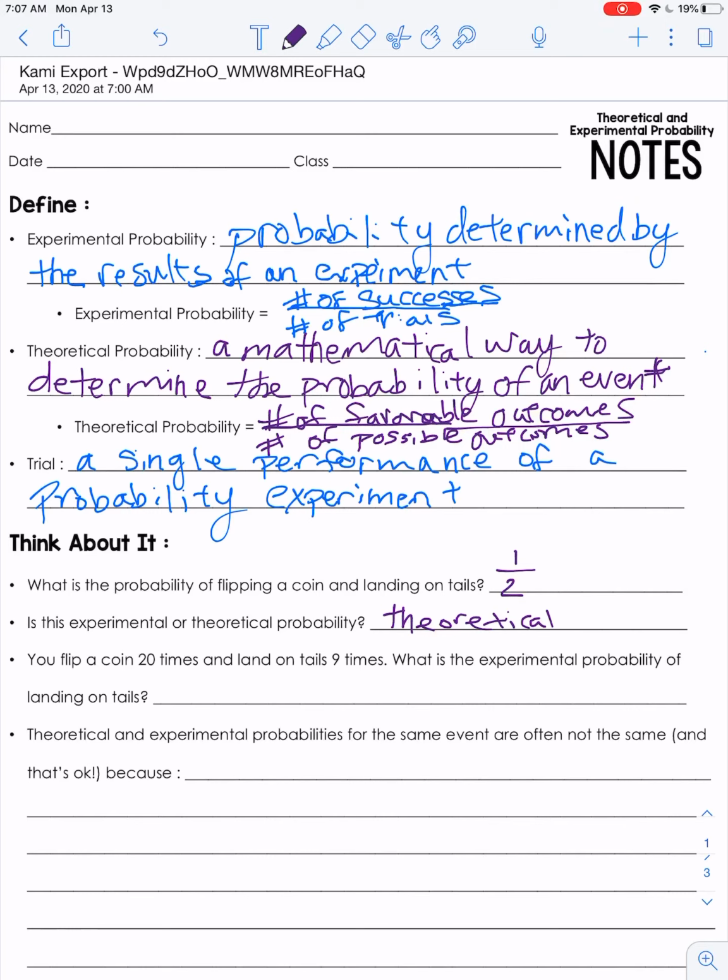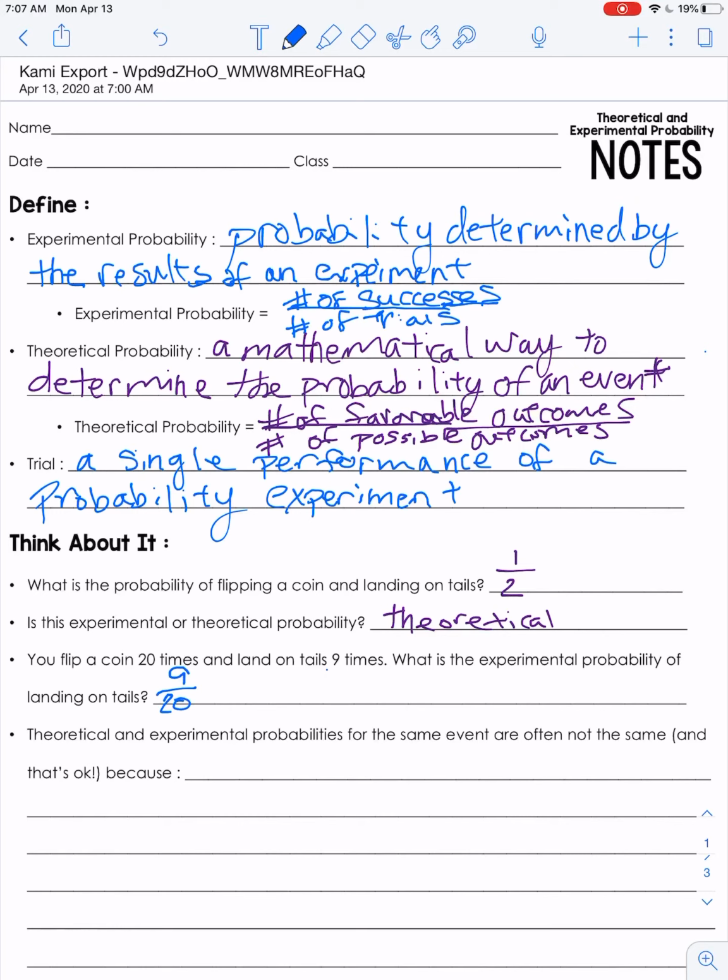Then let's look at our next one. It says you flip a coin 20 times and it lands on tails 9 times. What is the experimental probability of landing on tails? So we flipped it. Our total number of successes was 9 out of 20 trials.